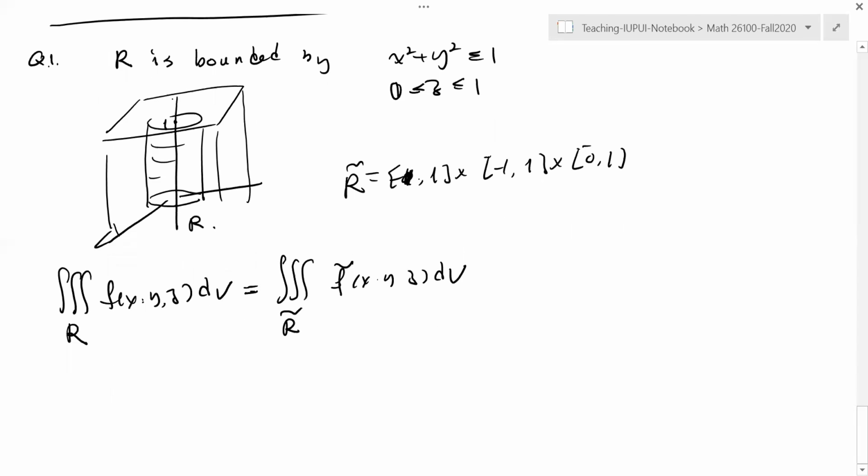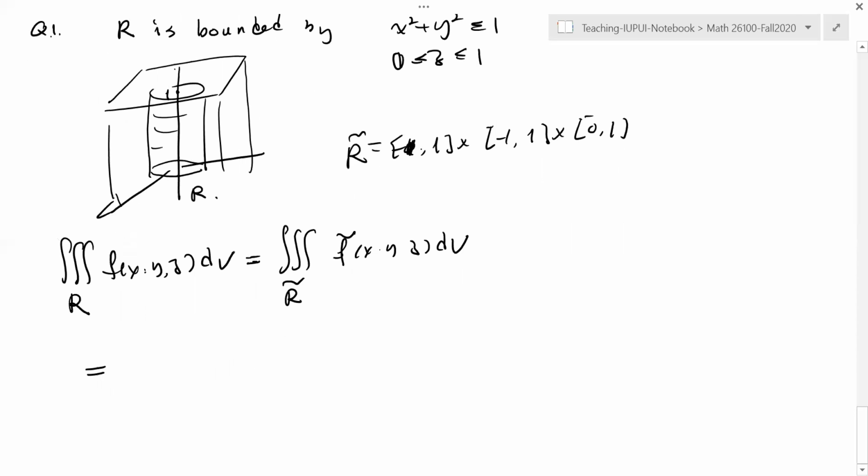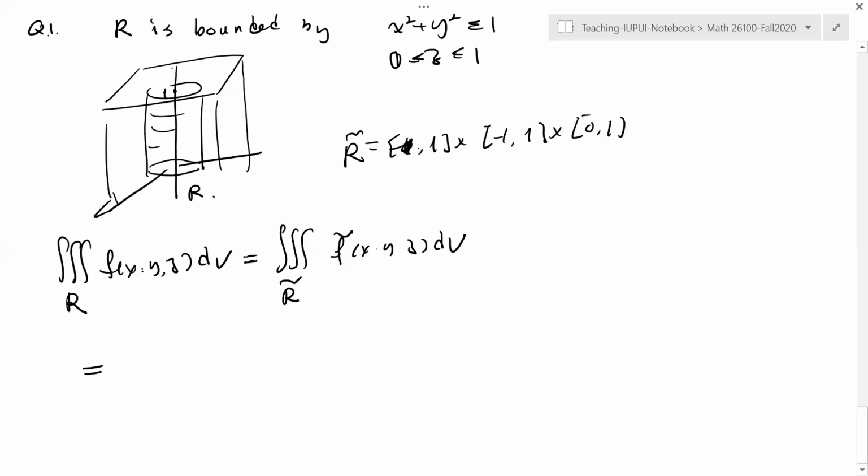All right, for this box, what I'm going to do is use this double integral here. That will be from -1 to +1, this is a square.